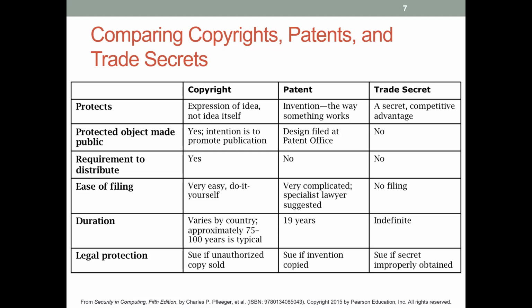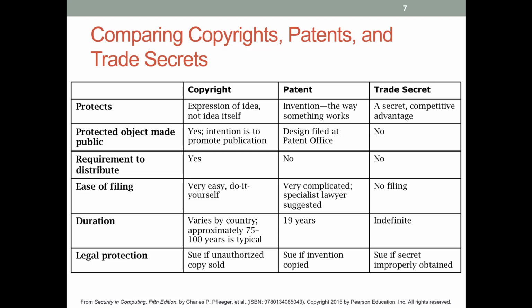Now the legal protection. If someone uses your copyright content, or steals your innovative idea and uses it without proper justification or approval, then you can sue, meaning file a case. You can take legal actions against them.